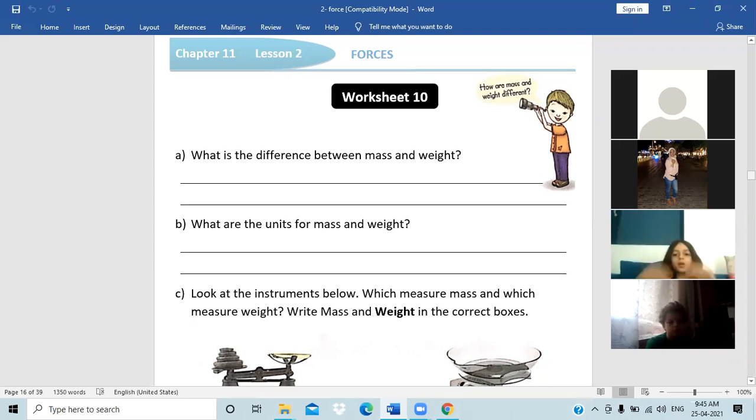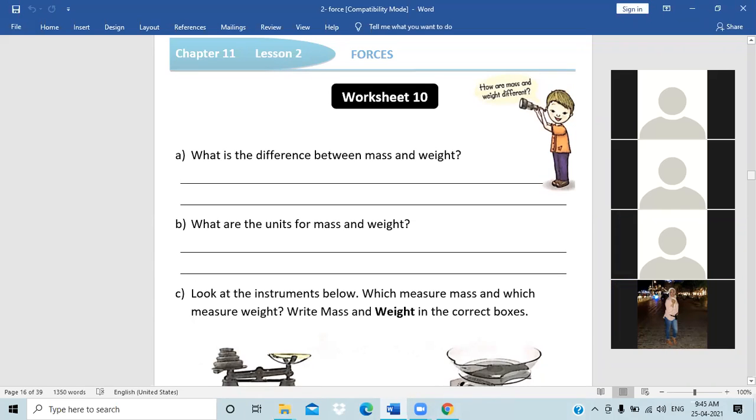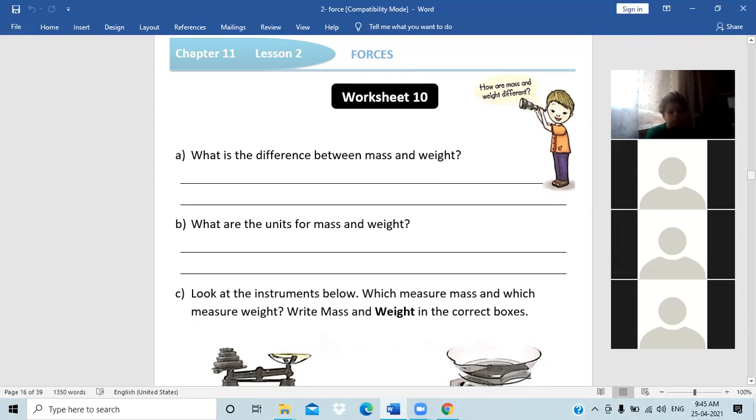Where are the rest of the people? Omar, did you join us? Omar? Omar, are you there? Okay, Liam, what is the difference between mass and weight?